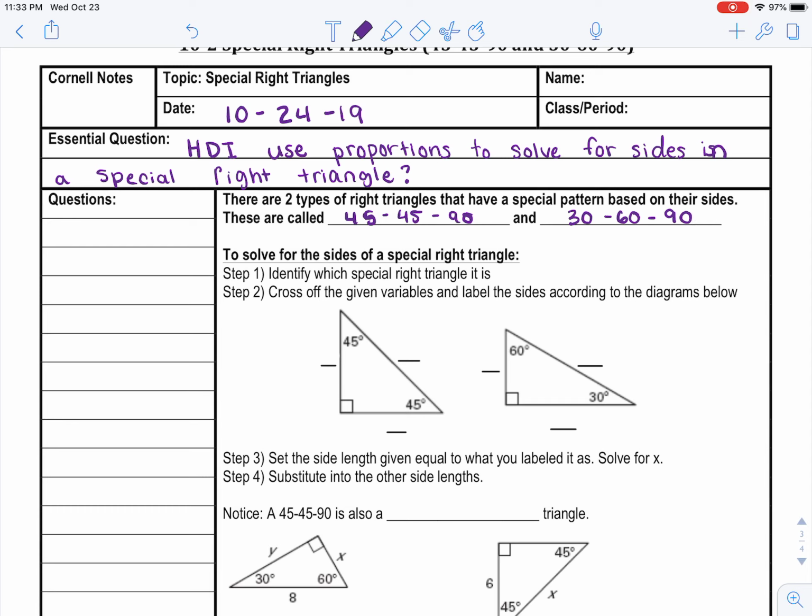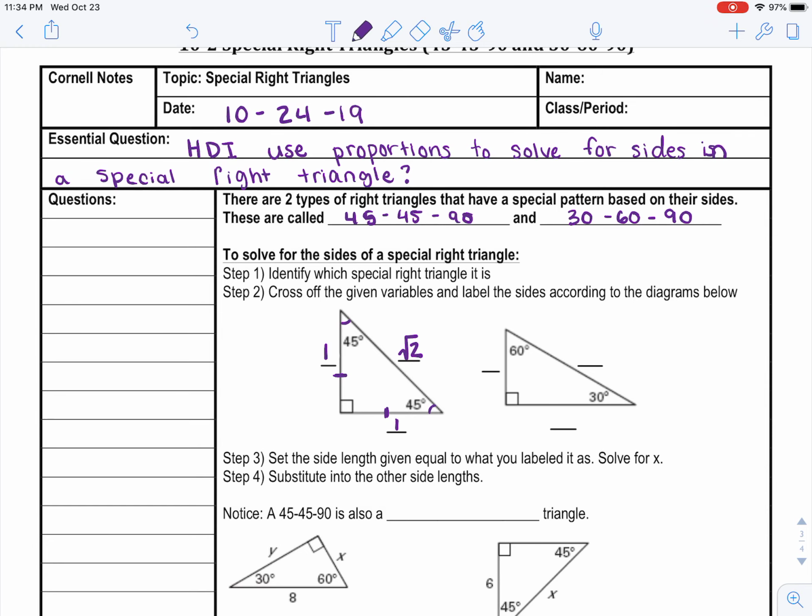Based on your knowledge of triangles in general, if it has two congruent angles, then it's bound to have two congruent sides. It's isosceles. 45 and 45 would be base angles. So whenever you have a 45, 45, 90, the ratio of the sides is always consistent. There's a side that would be 1 unit, 1, and then radical 2.